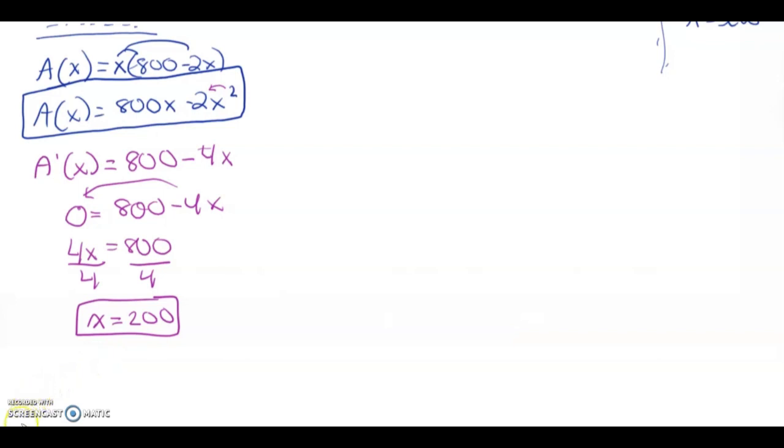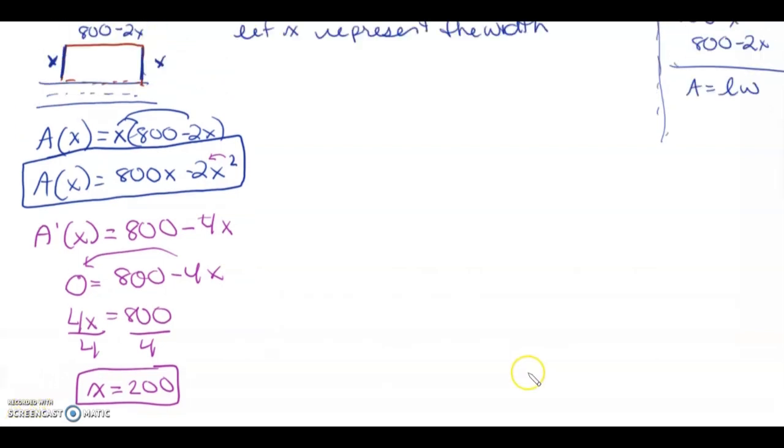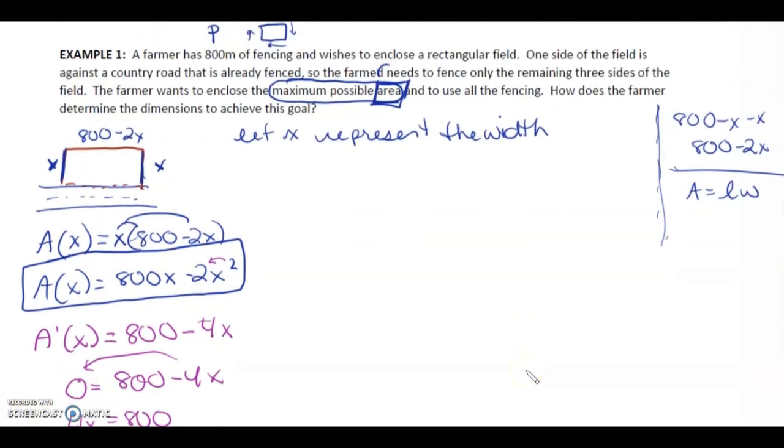That's 200 meters. So now we have to think back to 3.2, and we want to talk about what domain this area exists on. Okay, so let's talk about the domain. So the width x cannot be 0, but it can be slightly greater than 0.